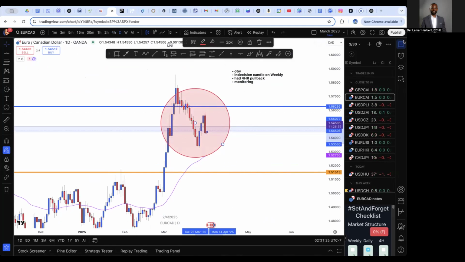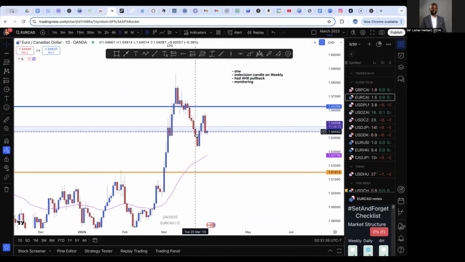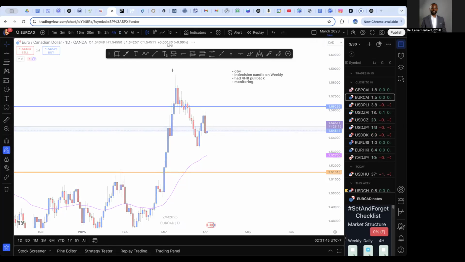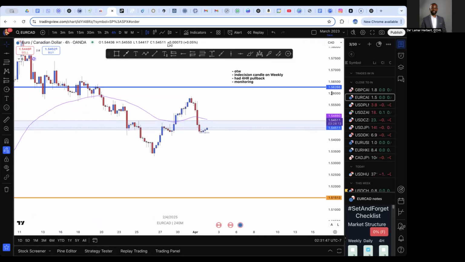Copy image. Because on this pullback here, I wonder if that's too late to get in. Once we see that, is it too late to get in? But assuming that it's not, we had that pullback.